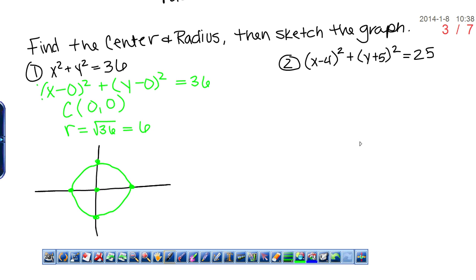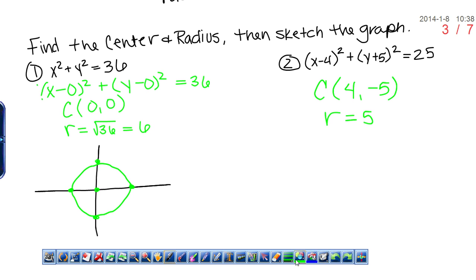So the center, very good. The center is at positive 4, negative 5, because you take the opposite of these signs. Okay? Your center would be at (4, negative 5). Everyone okay with that? All right, what would our radius be? 5.